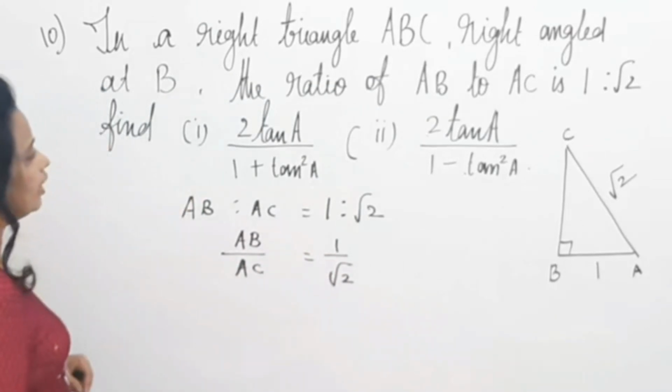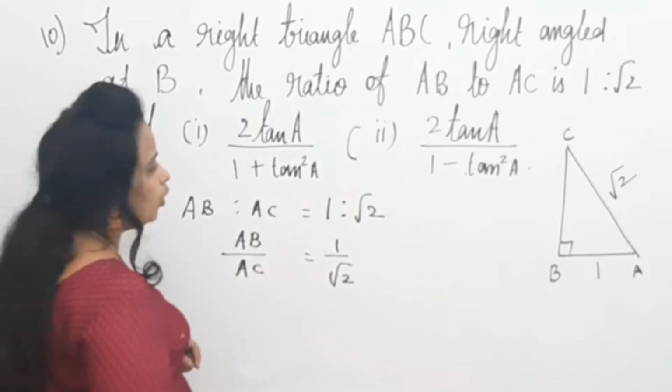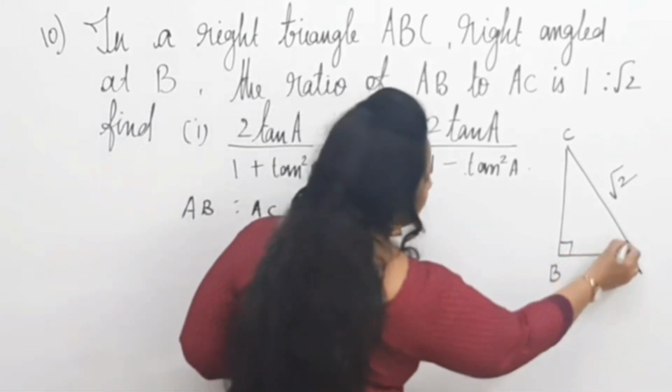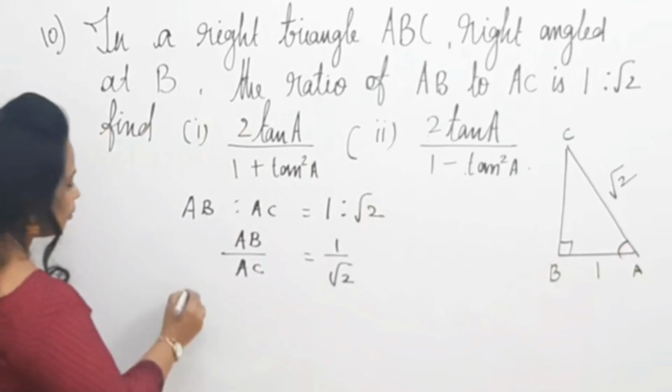And I have to find my 2 tan A by 1 plus tan square A. So I want to get my tan A, means opposite side. So I will go with my Pythagorean property.